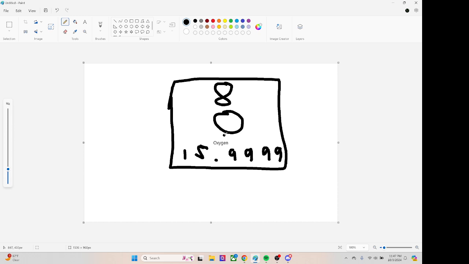So the atomic number is the number of protons, which is 8 here. And down here, the atomic mass is the number of protons and neutrons. So see the 16 here?